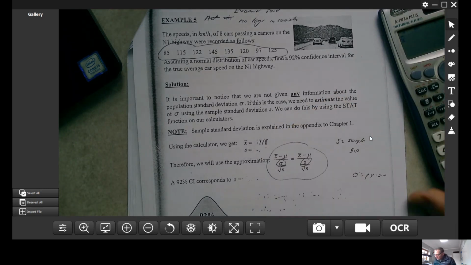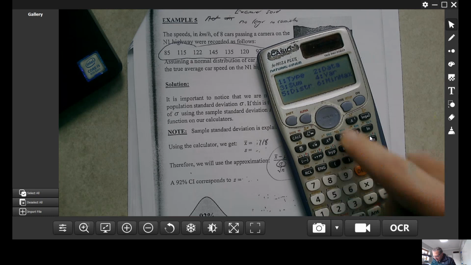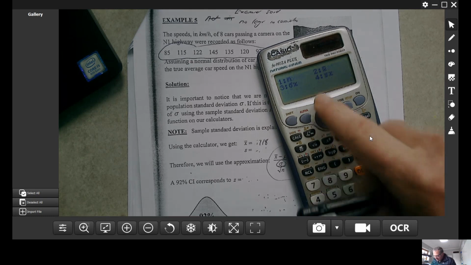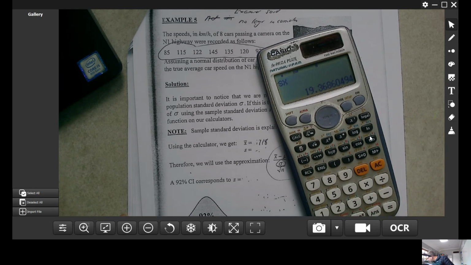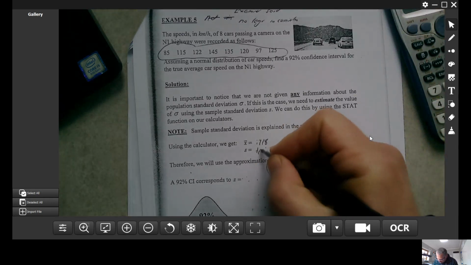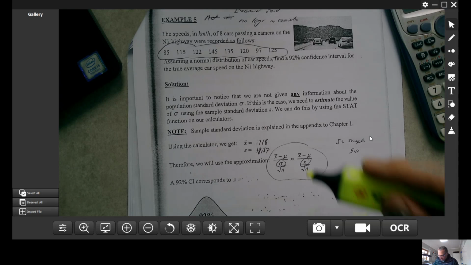Then if you clear that and you want the sample standard deviation, you go shift 1, variance again, and SX equals, you should get 19,36. So you're going to use S as your sigma value in this case.